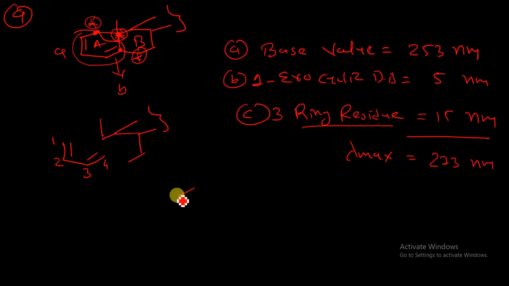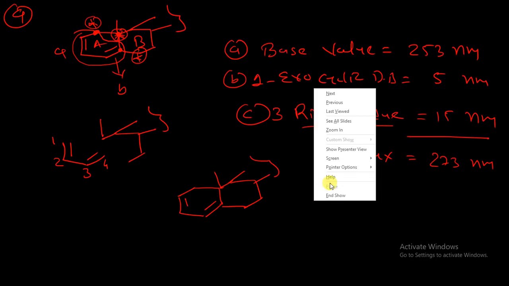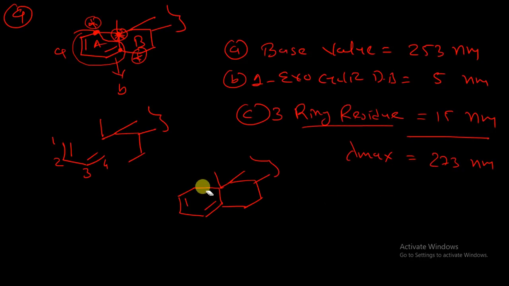Again I am explaining. Look down over here. Suppose I am having a ring, let's say this is my ring, and this is my side chain. If I have this type of structure and I have to consider the ring residue, I just have to cut down whatever carbon atoms are attached to the ring system. So this is my system, 1 2 3 4.